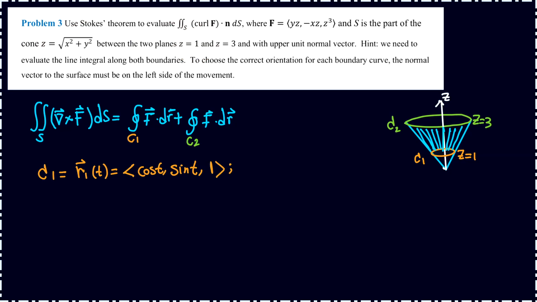While we are at it, we can calculate r prime, which is negative sine t, cosine t, and 0.